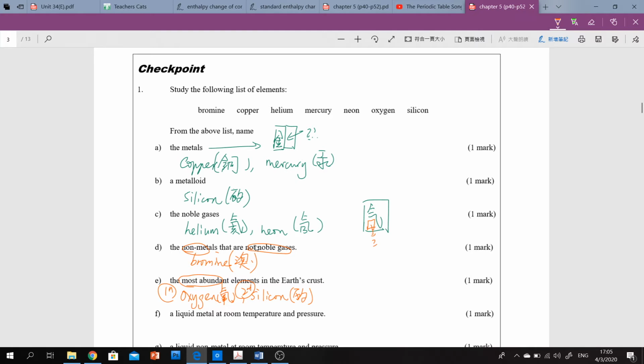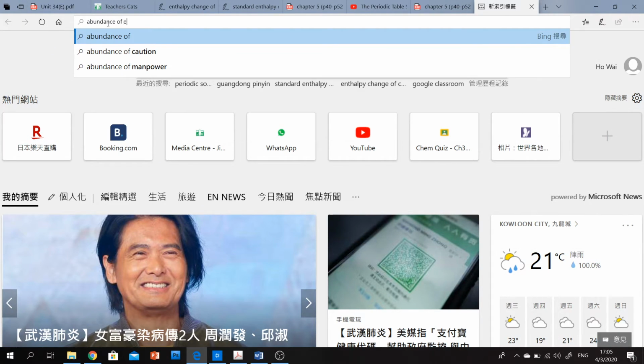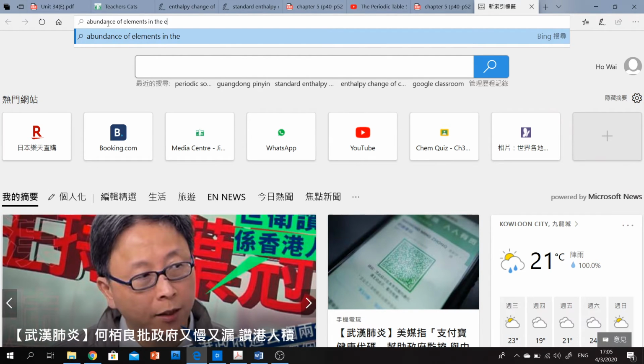Some of you may think that if you talk about price, iron is cheaper while aluminium is a bit more expensive. But if you talk about abundance, it's quite the opposite. So you may find the table here of the abundance of elements in the earth crust.